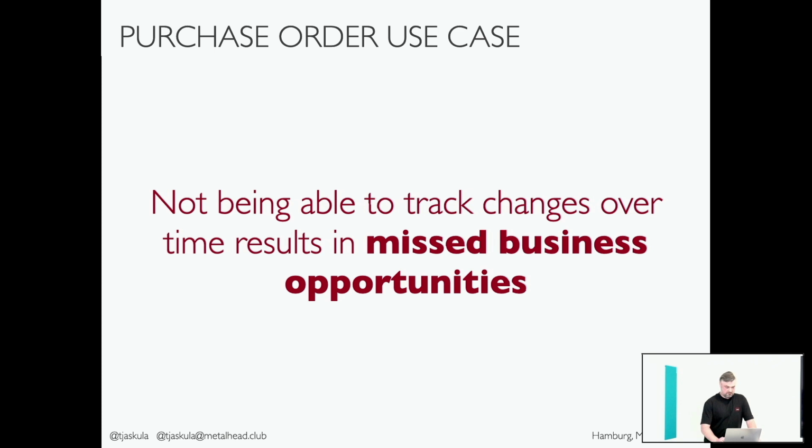And keeping just the latest state doesn't allow us to answer this kind of question. Of course, business people have tools like data analytics, and they can answer these questions, but this doesn't give immediate feedback.